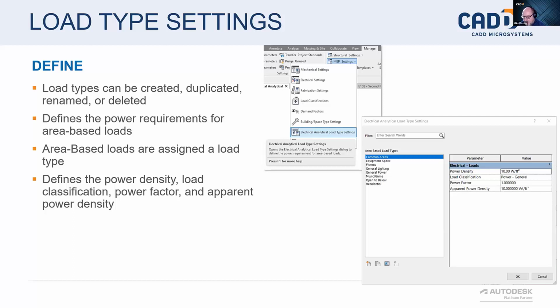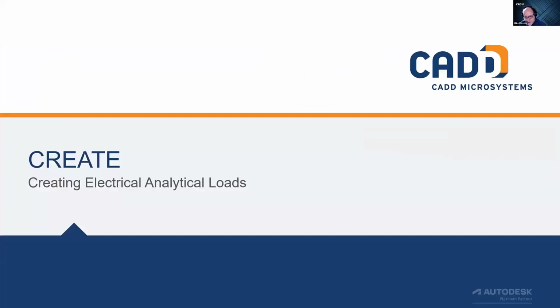We can assign the load classification, the power factor, and the parent power density for each one of those. Once we have all these set up and created, we'll start assigning these to the area-based loads that we're going to be creating. So that's the first step, defining those electrical load type settings.